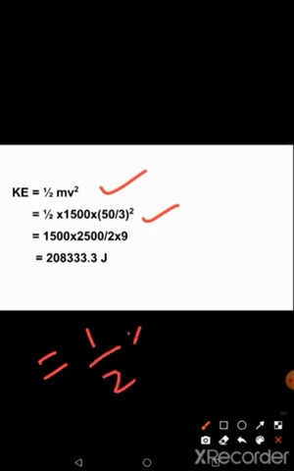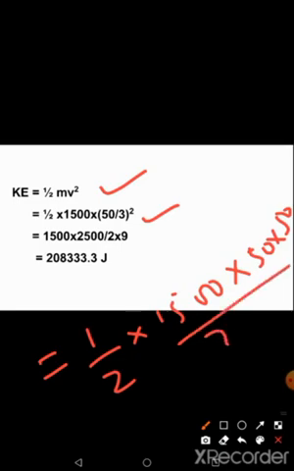So now this can be written as half into 1500 into 50 square, which is 50 into 50 divided by 3 into 3. So that is why I have shown here 2 upon 9 in the denominator, and in the numerator 1500 into 2500, because 50 into 50 will give me 2500.